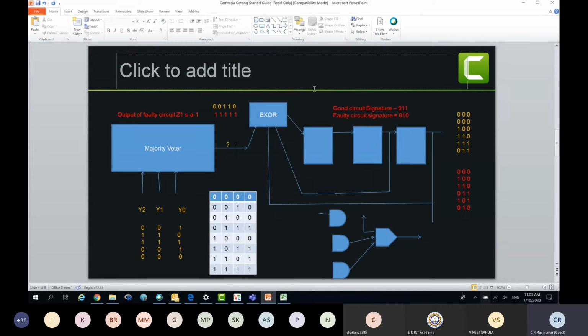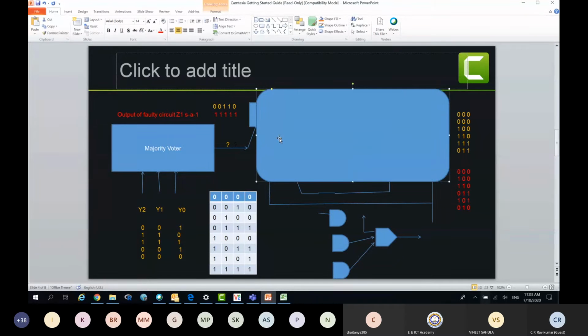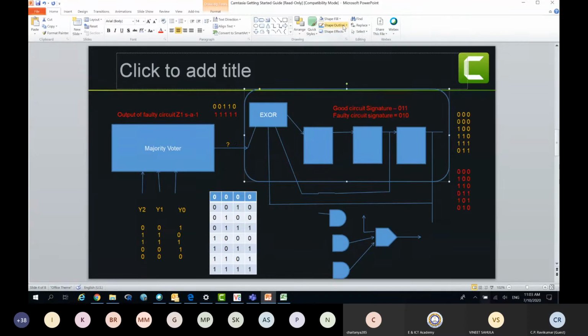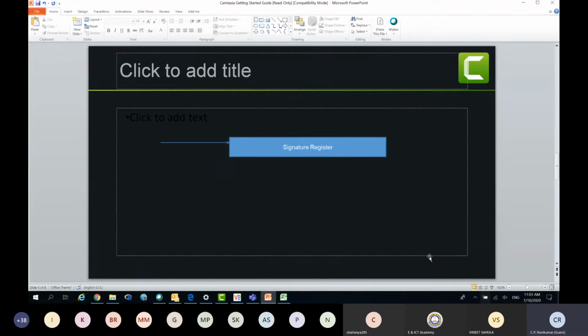This is called the signature register. This whole stuff is called the signature register. So we can easily build such signature registers, right?